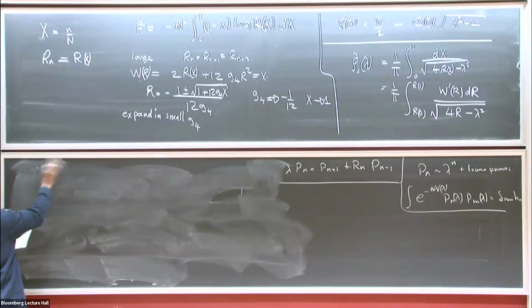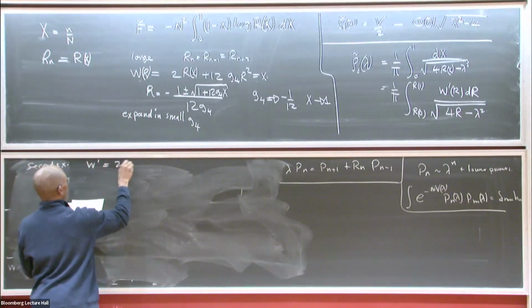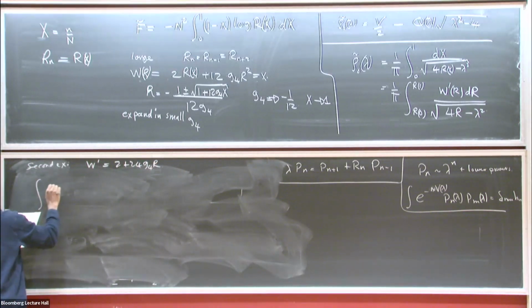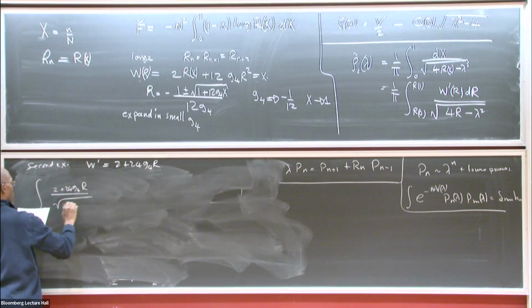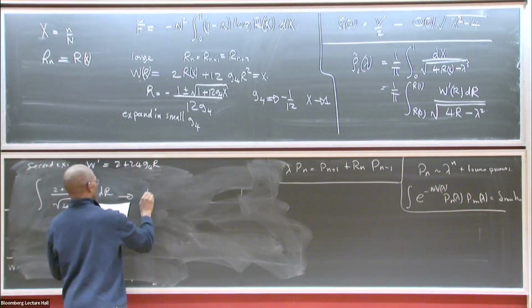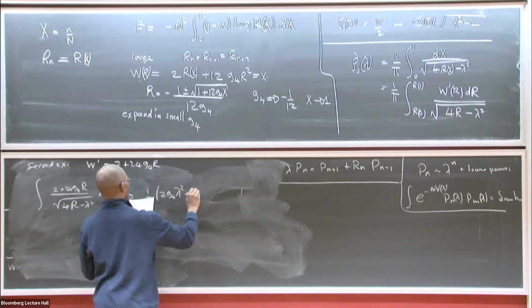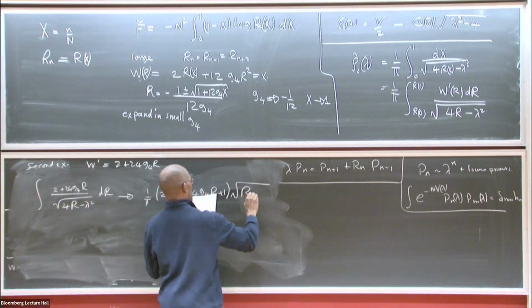That's why I'm spending a little bit of time on this, because that'll be intuitive and immediately tell you how things generalize. So for the case with G4, the second example, I have w prime is 2 plus 24 G4 r, and then I just need to do this integral, 2 plus 24 G4 r over the square root of 4r minus lambda squared dr. And when the dust settles, you get 1 over pi times 2 G4 lambda squared plus 4 G4 r plus 1, times the square root of 4r.